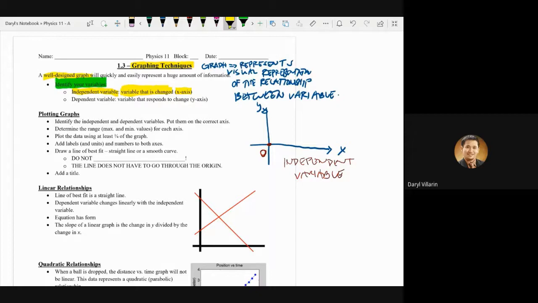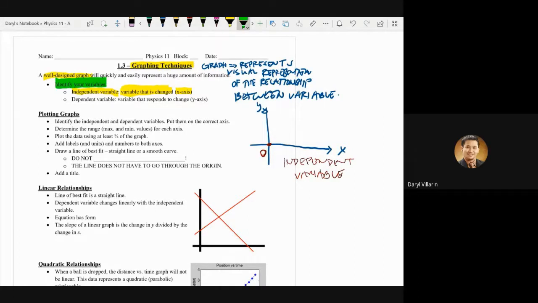Let's say, for example, you're going to study the motion of a particular object, and in your procedure you're going to measure the distance covered by the object every 1 minute. In that case, given the procedure, the independent variable is the time, because you're changing the time.